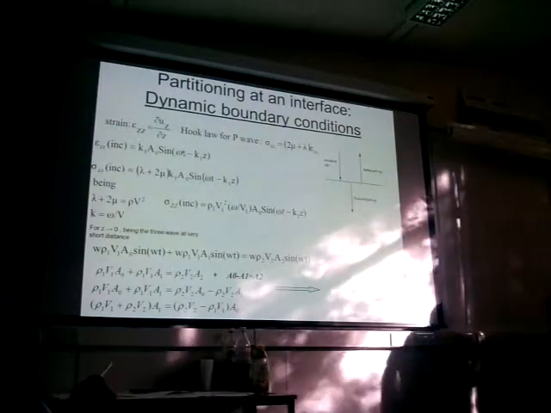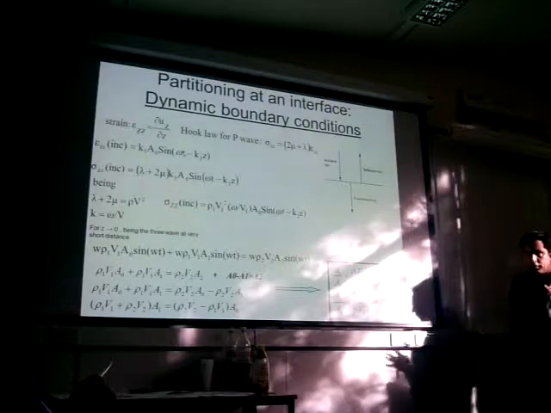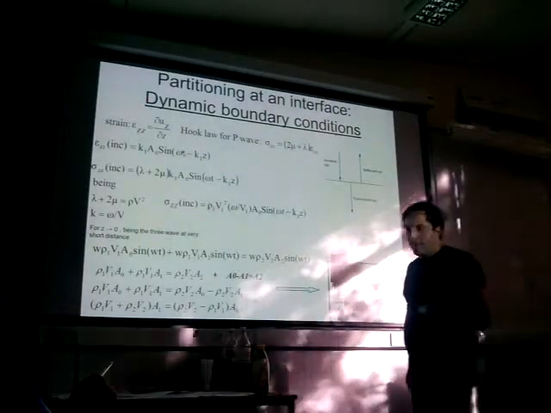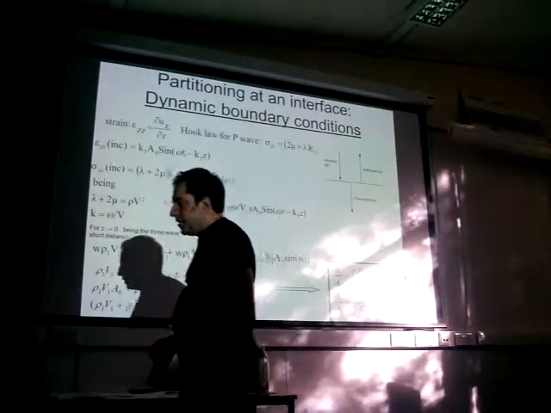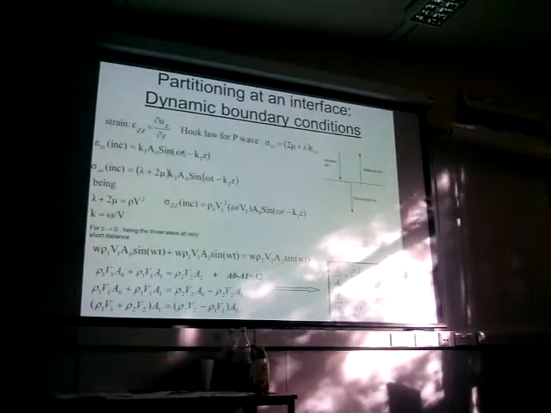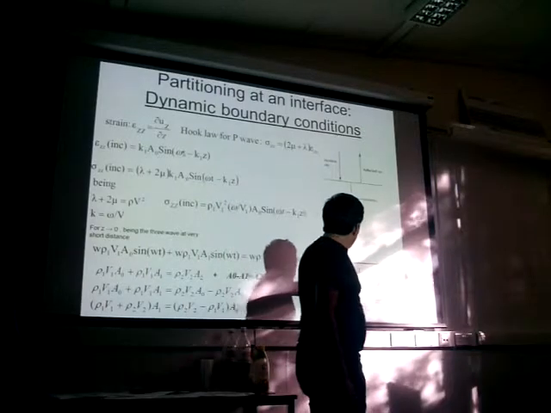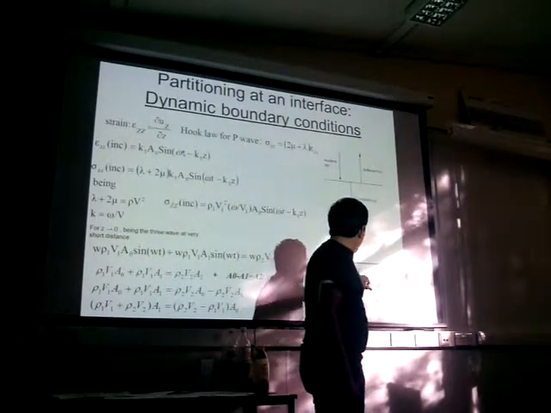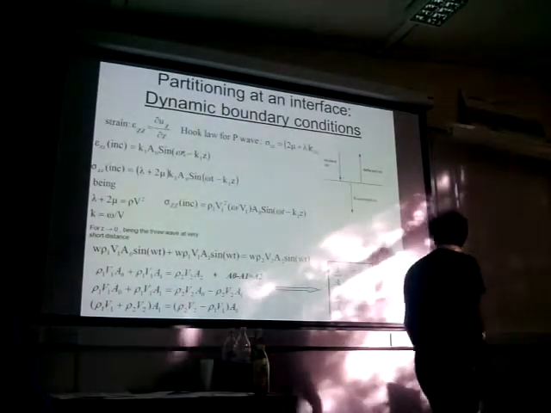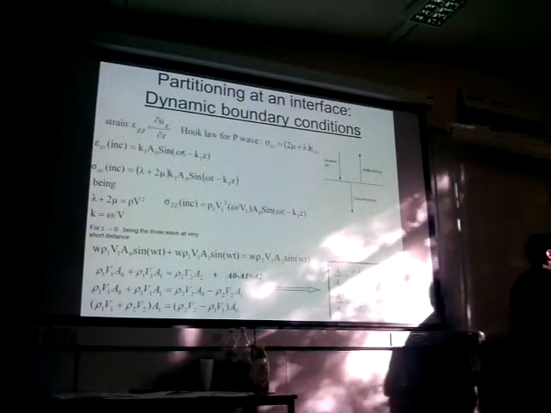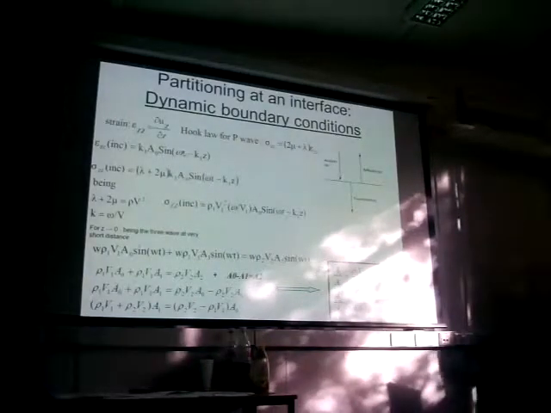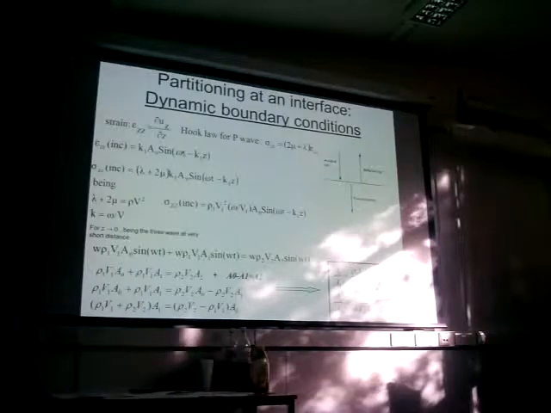Surprise, surprise, what you get is the classical relationship: the ratio between the amplitude of the reflected wave and the incident wave is proportional to rho 2 v2 minus rho 1 v1, over rho 1 v1 plus rho 2 v2. The multiplication between density and velocity is called impedance.